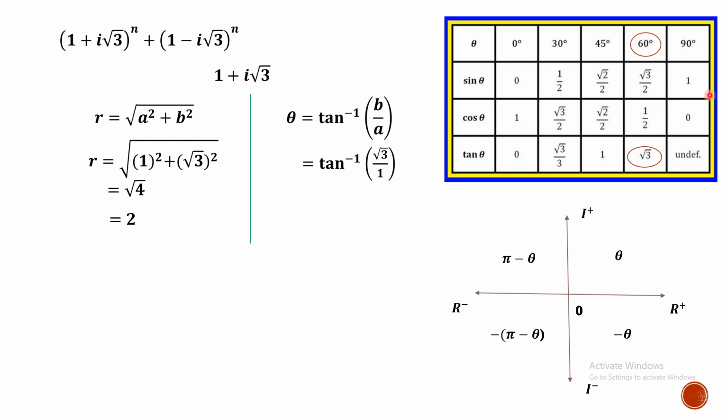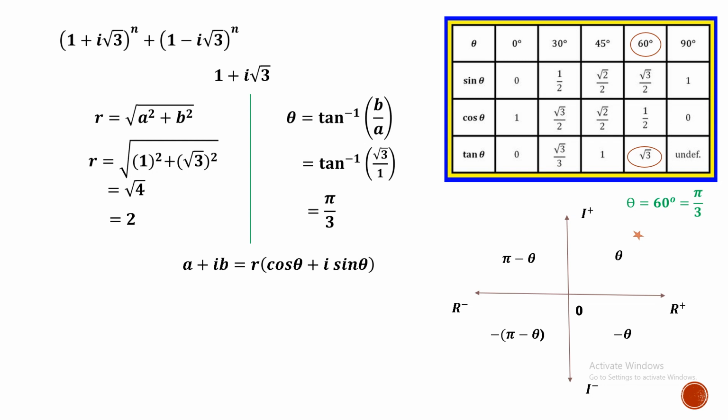Now let us convert this angle from degree to radian. So our theta will be equal to 60 degree, that is equal to pi by 3. So the real angle is pi by 3. Now you know what is the r value as well as the theta value. To convert a complex number into its polar form, we have a formula: a plus ib is equal to r into cos theta plus i sin theta.